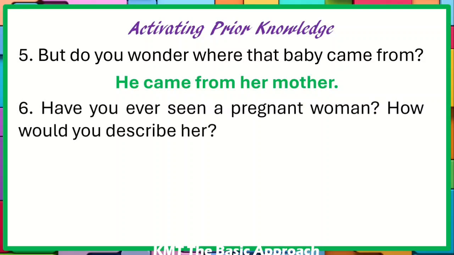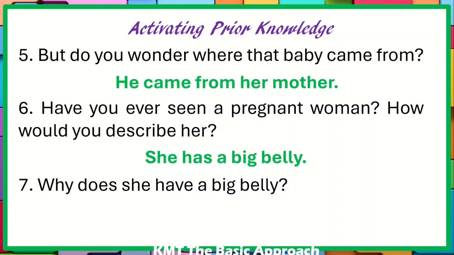Number 6. Have you ever seen a pregnant woman? How would you describe her? Very good. She has a big belly. Number 7. Why does she have a big belly? Correct.